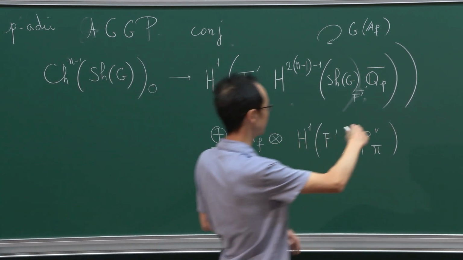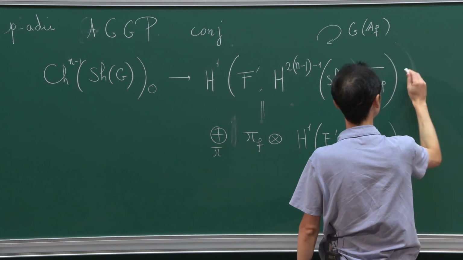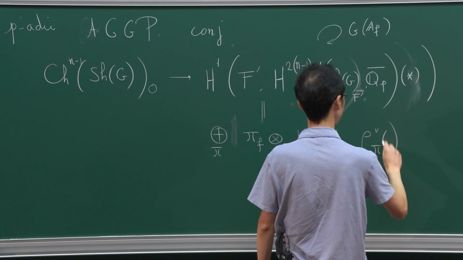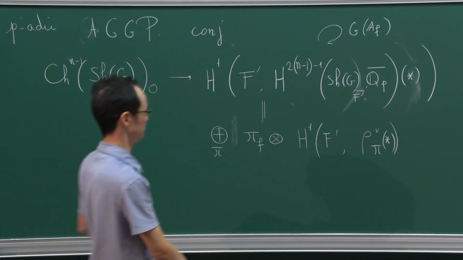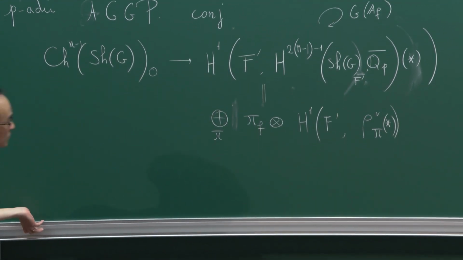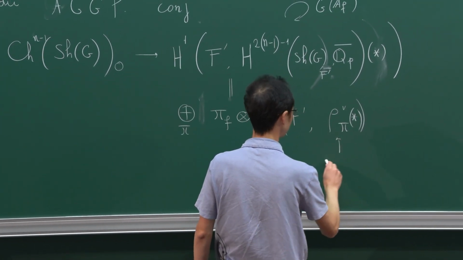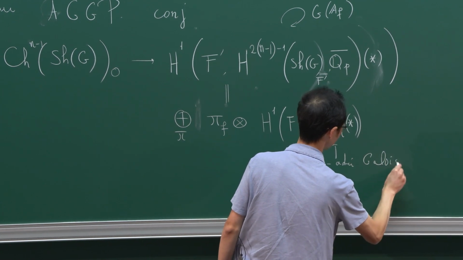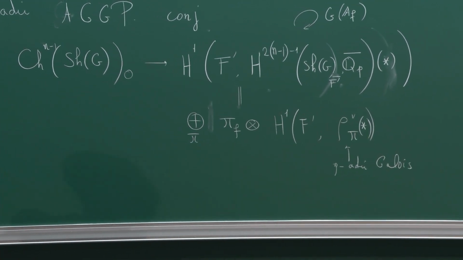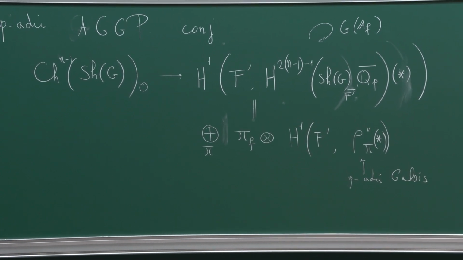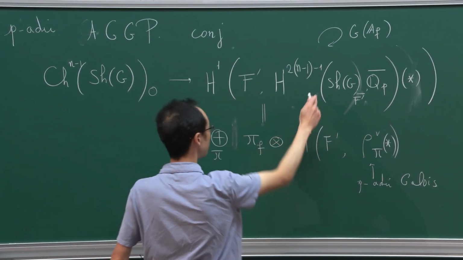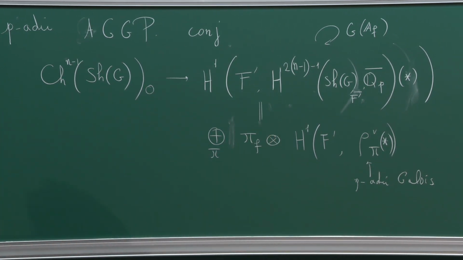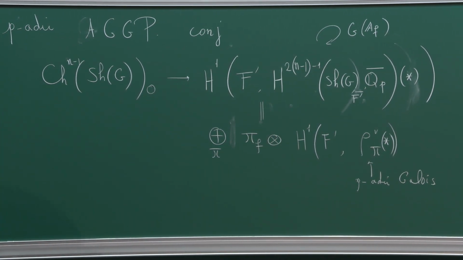I should also take into consideration the theta twist. So same thing here. So here's the Galois representation attached to the automorphic representation. I'm assuming this decomposition of cohomology. Of course in full generality maybe we don't know it yet, but in many cases we can, so we're going to use it.